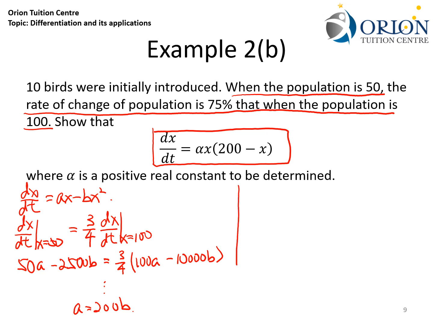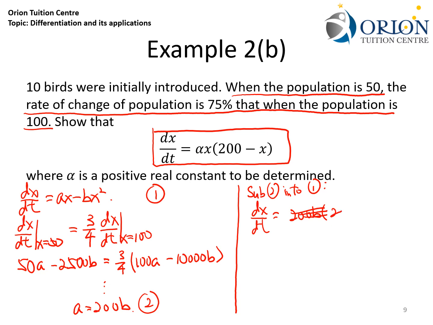Therefore, if I substitute a equals 200b into my original DE, let's say I call this equation 1, this is equation 2, I will have dx over dt equals 200b x minus bx squared, which I can factorize out bx, and I'm left with 200 minus x.